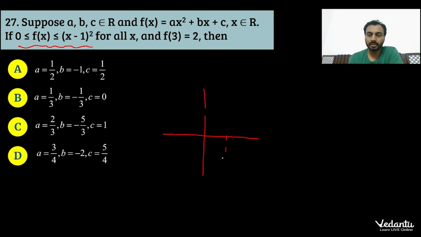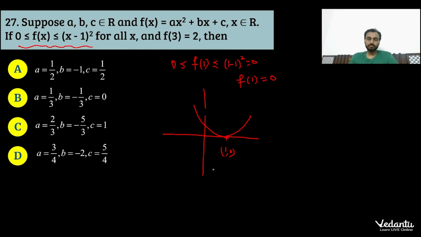First if we make a graph of (x minus 1) square, it is like this, right? If we check for f(1), f(1) lies between 0 and (1 minus 1) square, which is 0. So clearly f(1) is 0, right? And for the remaining values it is greater than 0, because it lies between 0 and (x minus 1) square.